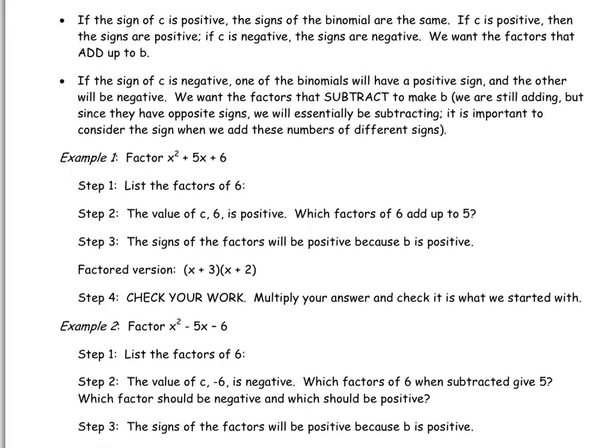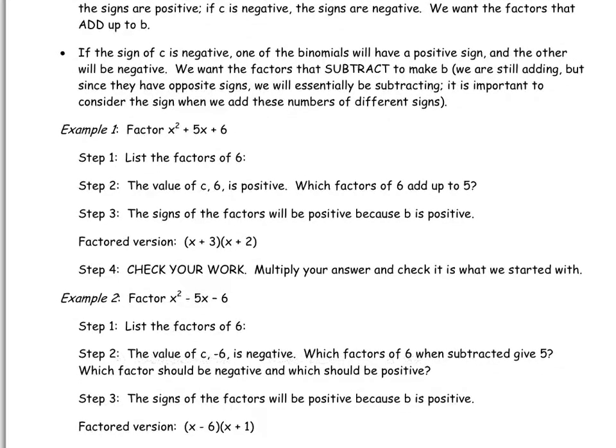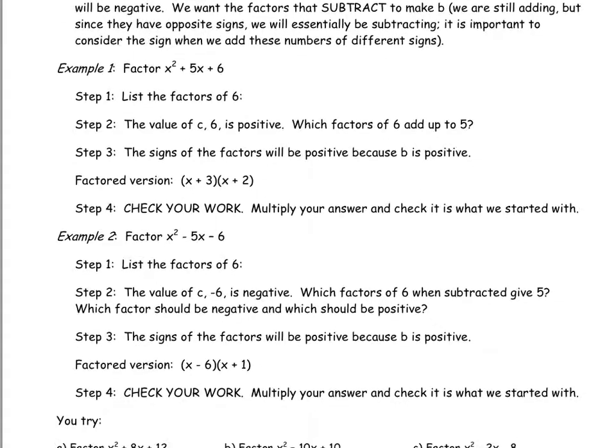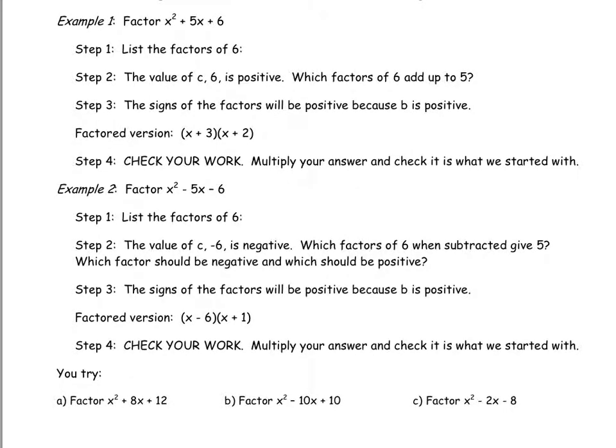So this first example here, we're going to factor x squared plus 5x plus 6. So step 1, we list the factors of 6. So numbers that go into 6 are 1, 2, 3, and 6. Step 2, the value of c, 6, is positive.